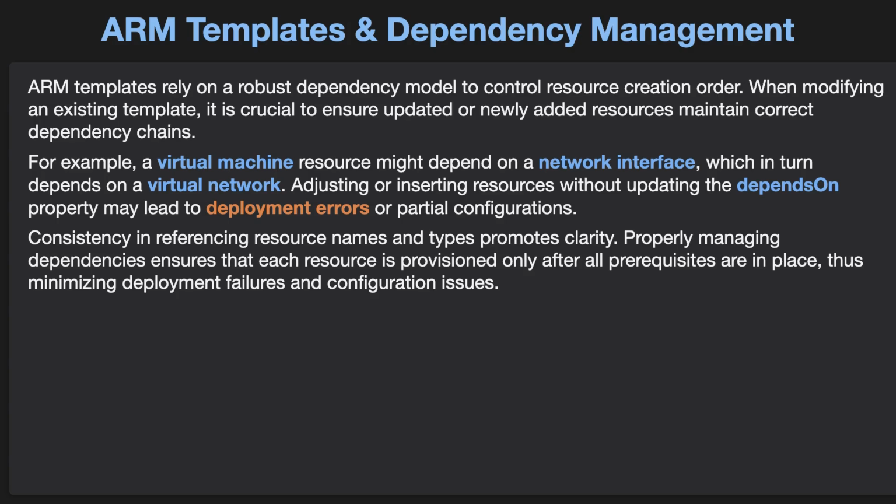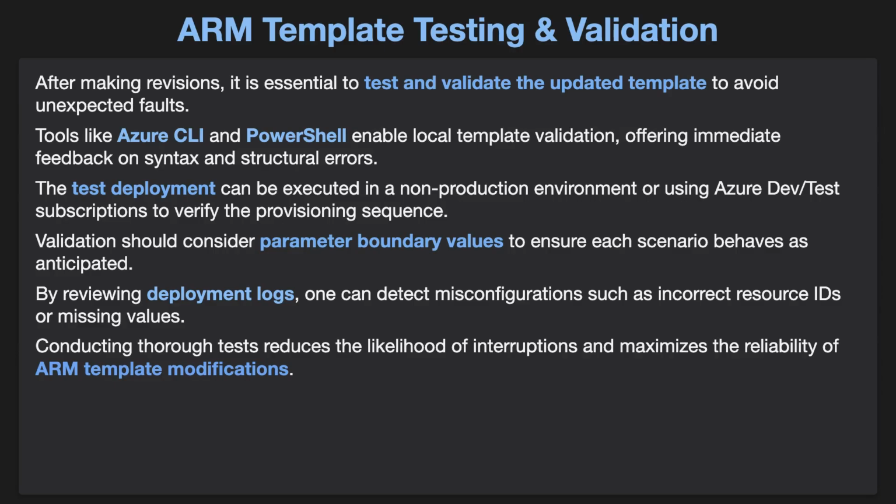Consistency in referencing resource names and types promotes clarity. Properly managing dependencies ensures that each resource is provisioned only after all prerequisites are in place, thus minimizing deployment failures and configuration issues. After making revisions, it is essential to test and validate the updated template to avoid unexpected faults.